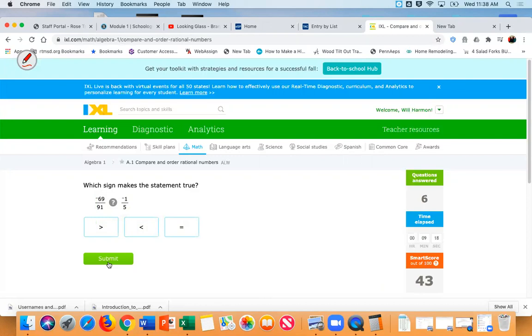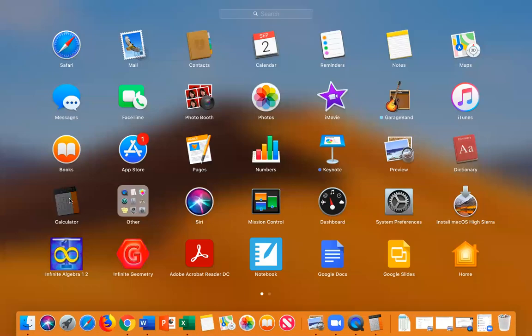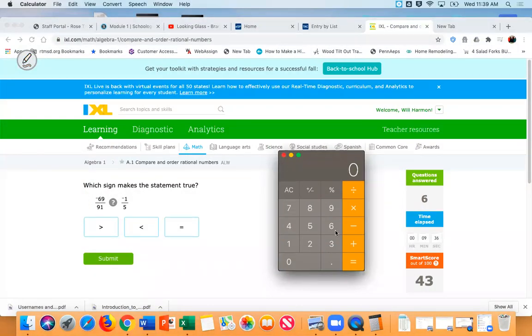Awesome. Now with negative numbers, it's kind of a little different. You're going to want to pick the smaller one because that one's going to be bigger. So when I'm doing these, I'm going to type it into my calculator. So I'm going to do negative 69 divided by 91.